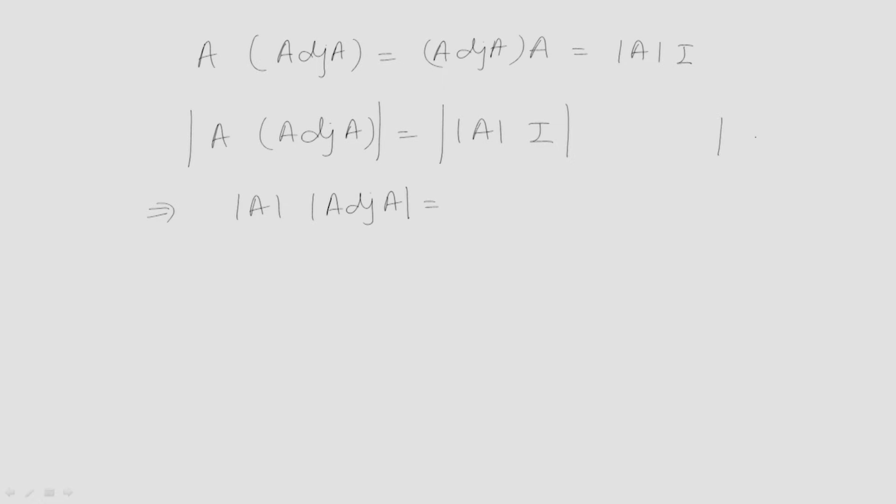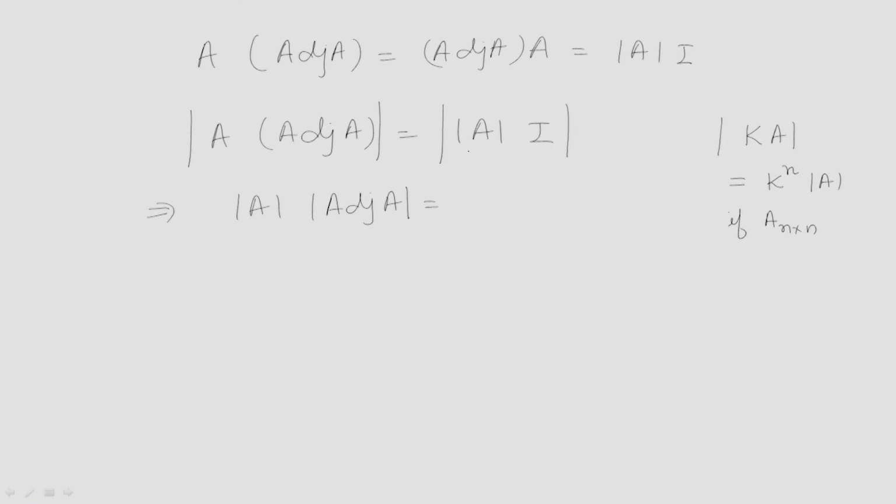and also determinant of K into A, where K is any scalar and A is a matrix of order n cross n, is simply equal to K raised to power n determinant of A. Because this K is multiplied with all the elements of A, and when you take the determinant, you can take the common factor from each row, first row, second row up to nth row.